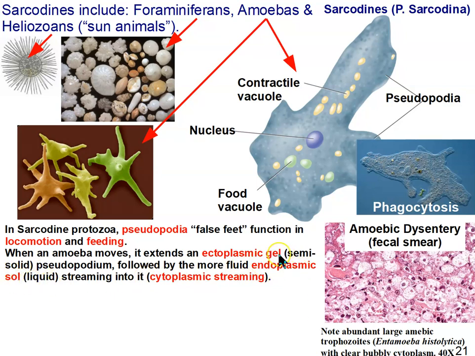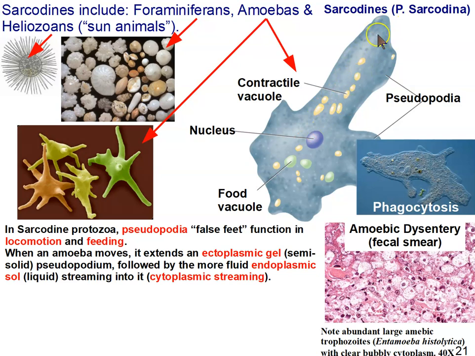So gel refers to a semi-solid, and sol refers to a liquid, like the cytosol. You should be familiar with that term cytosol, which means the aqueous solution or liquid portion of the cytoplasm. And when you look at one of these under the microscope, as I hope you have by now in the lab, you can see the cytoplasm streaming out into the pseudopodia.